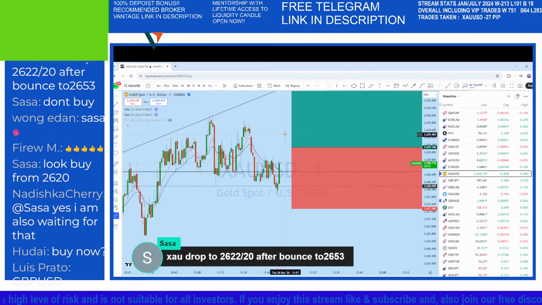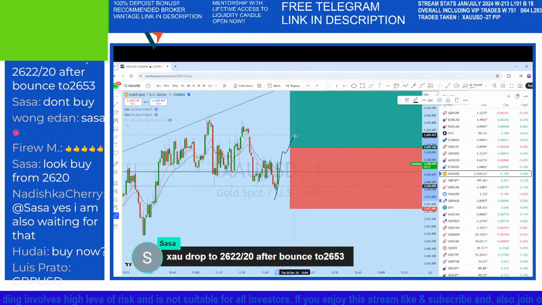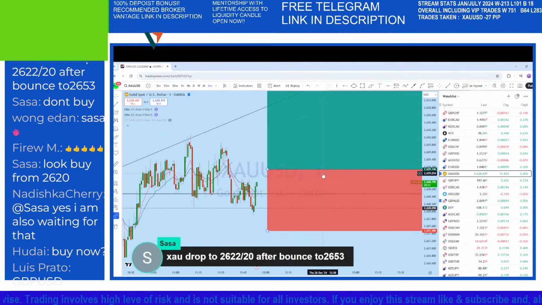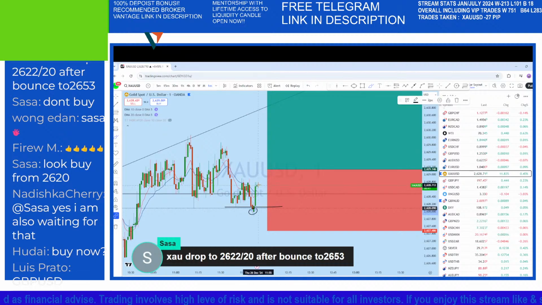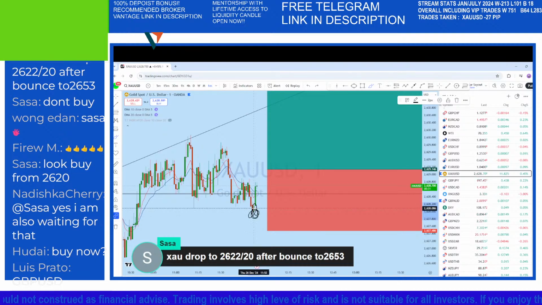Okay, so we see a bounce, which is good for us. See that after the break of this low, it's in that direction. So therefore, if it is continuing to the upside from here, then probably this one is a false breakdown, and we can expect a continuation. We have seen an edge here, which is an important liquidity zone, as the price moves from liquidity to liquidity.